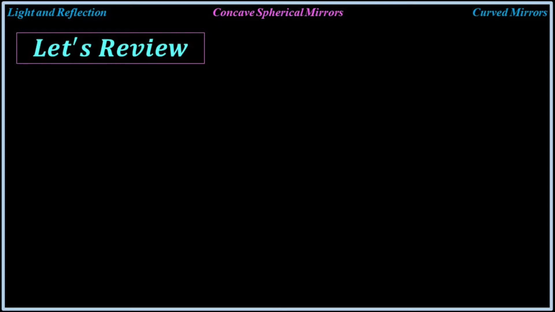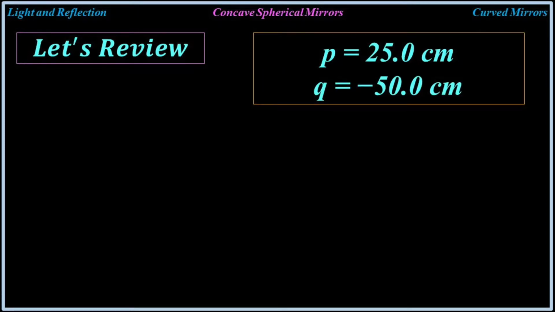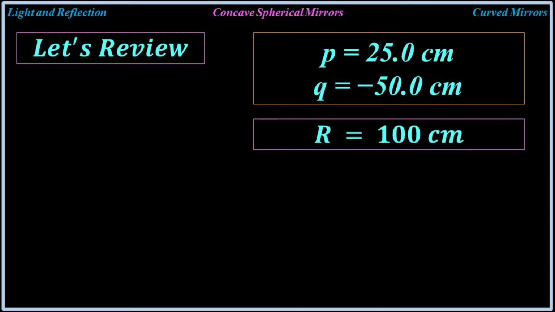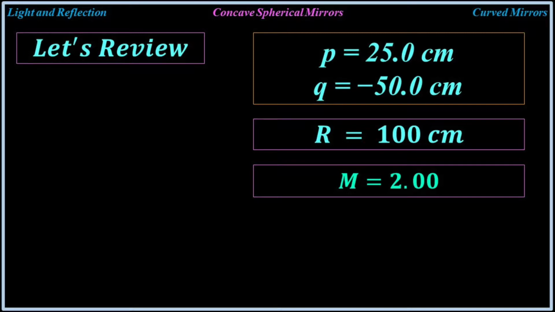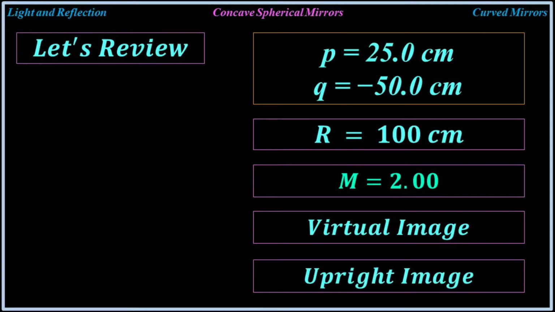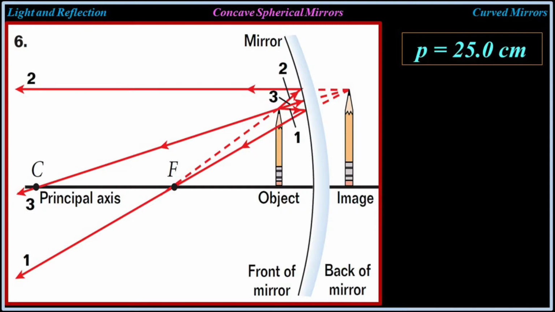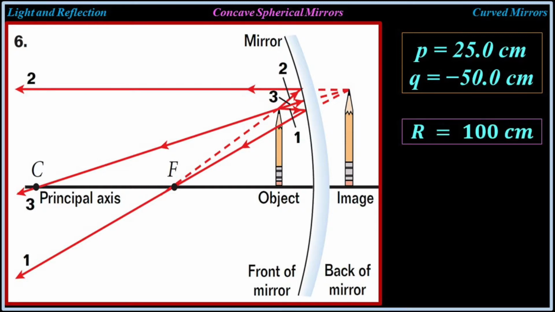So now we're going to review, put all the data together, see what we have. There's P and Q, radius of curvature, just let this run.